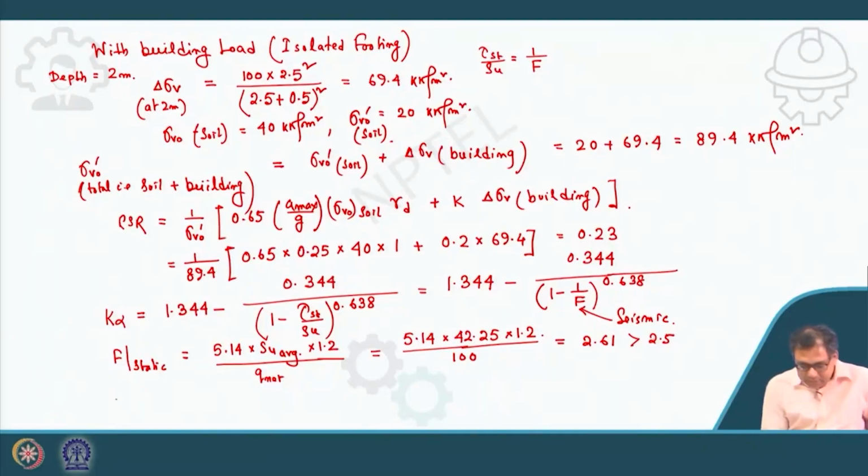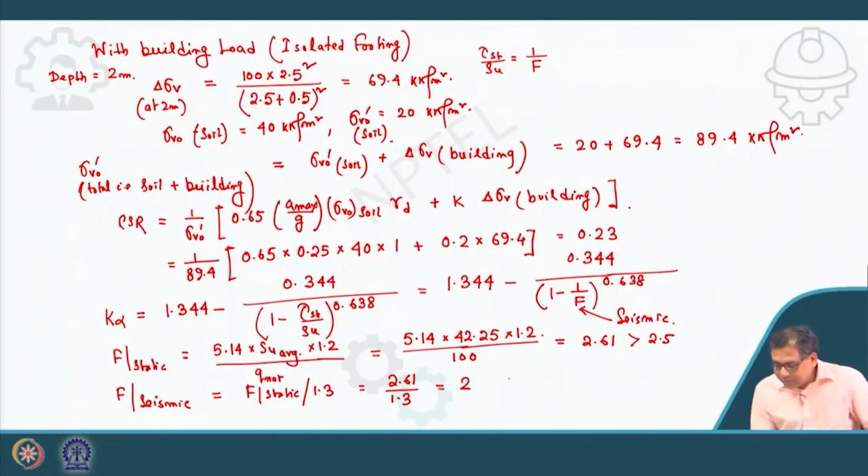So if I calculate the factor of safety for seismic, then it will be F static divided by 1.3. So it is 2.61 divided by 1.3, that is equal to 2.